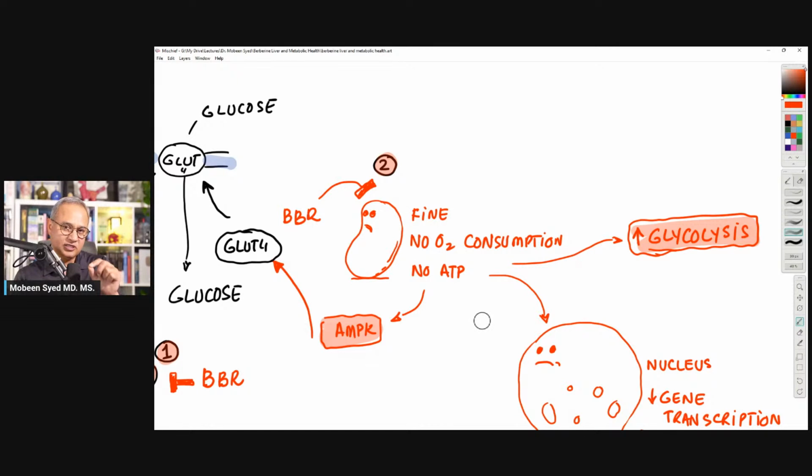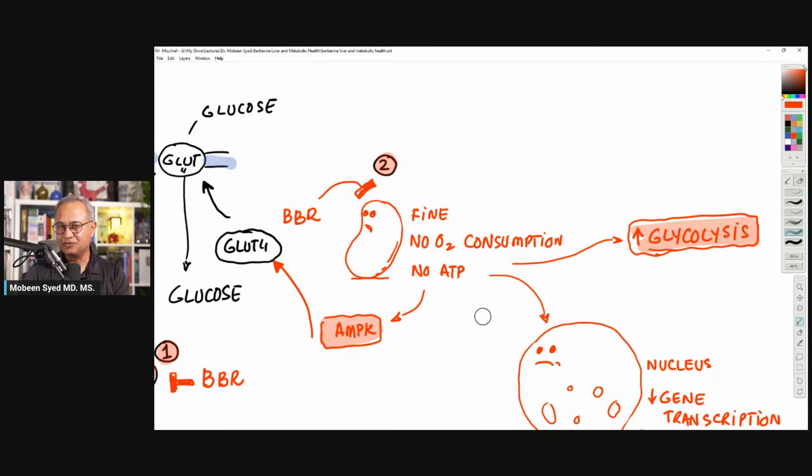Now, when the electron transport chain complex 1 is blocked or reduced in its activity because berberine has bound to it, what will happen? That function of the electron transport chain will reduce, and the function of the ETC is to make ATP, energy. Plus, its function as part of this is to consume oxygen. So oxygen is consumed, nutrients are consumed, and ATP is produced, and carbon dioxide is produced.